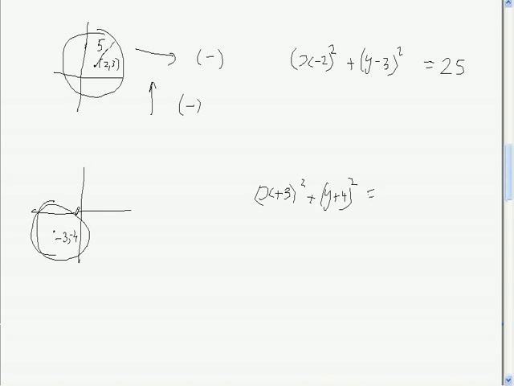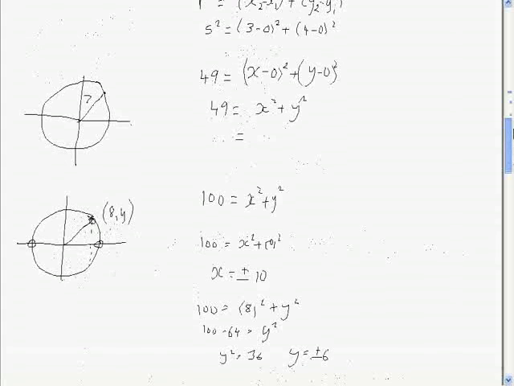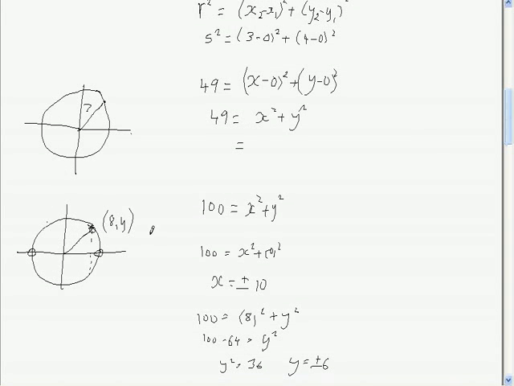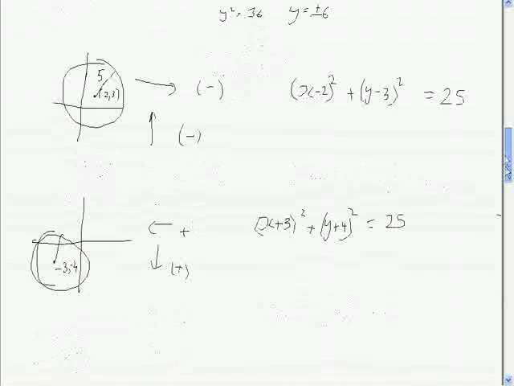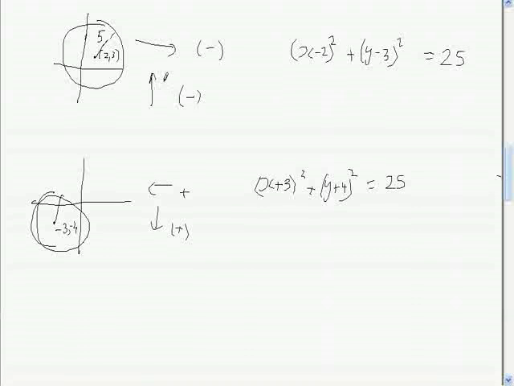Again, if this radius was 5, it's 25. It's moved to the left, so you've got to add, and it's moved down, so you've got to add again to the y coordinate. Whereas if the center is at the origin, all you've got to do is work out the radius and square it, and say x squared plus y squared equals the radius squared. If the center has moved left or right, top or bottom, you've got to do these. If it's moved to the right, it's negative. Moved up, it's negative. Left is positive. Downward is positive.